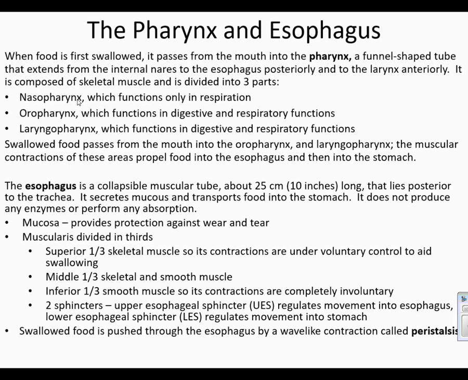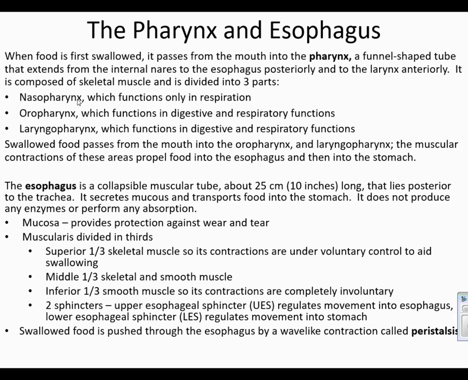It is made up of skeletal muscle and is divided into three parts. The nasopharynx, which is only important for respiratory purposes, because we breathe through our nose, we don't eat through our nose. Our oropharynx, which is behind our mouth, is important for digestive but also respiratory purposes. And then your laryngopharynx, which also functions for both digestive and respiratory functions.